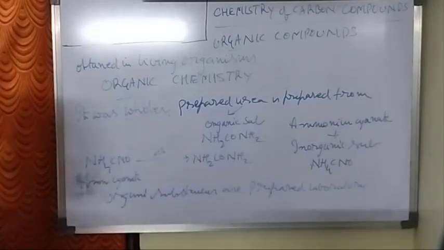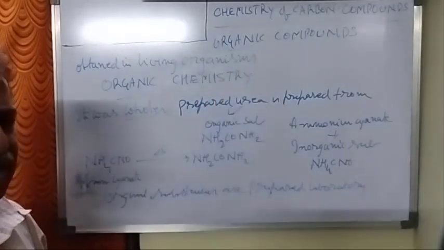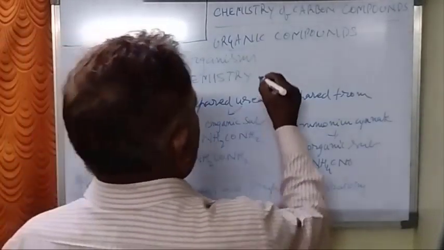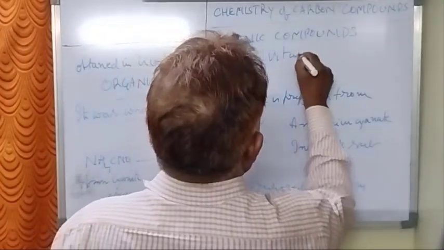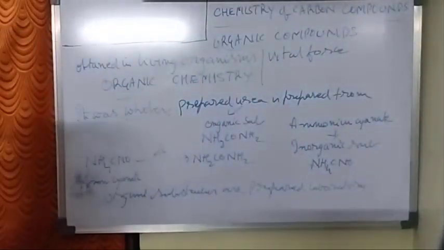And of course, initially, people believed that the organic compounds are prepared in living bodies because of some vital force. So, vital force is responsible for preparation of organic substances in living organisms.